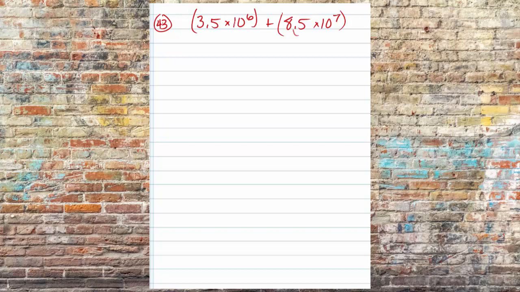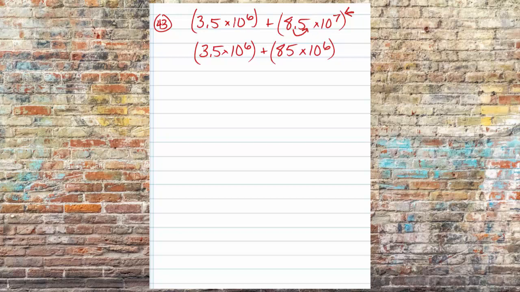I'm going to do so by moving my decimal 1 to the right, which will reduce my power by 1. So it's going to give me 3.5 times 10 to the 6th plus 85 times 10 to the 6th.